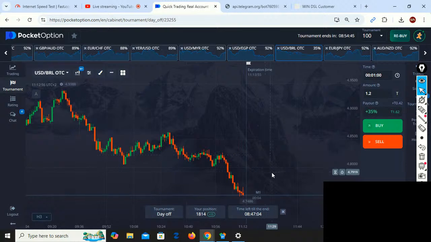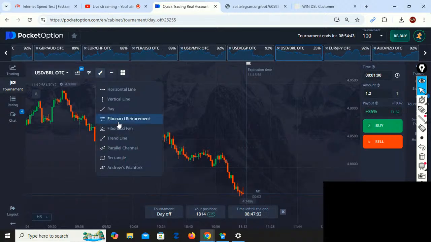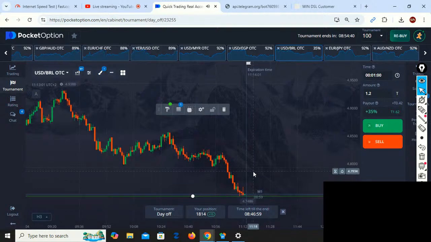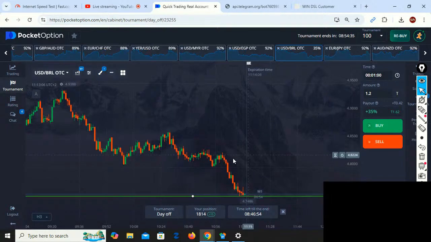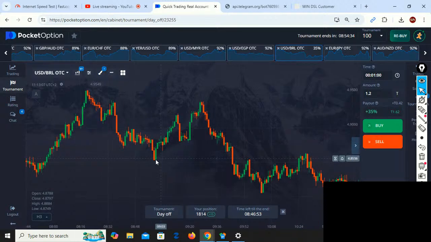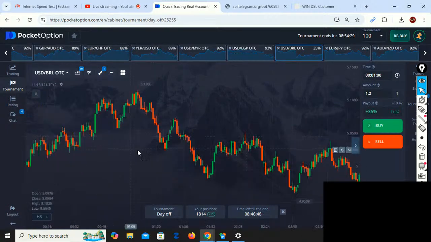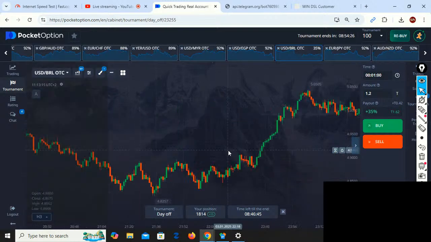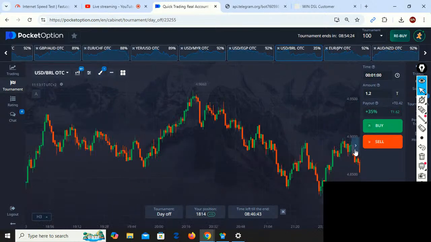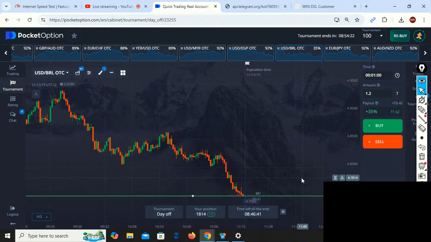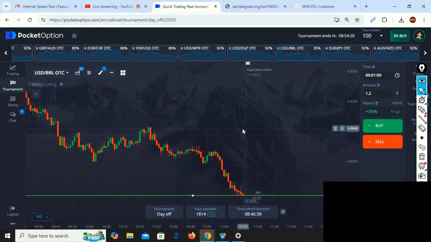This is something we can work with. Let me see if it has any kind of demand area or support level nearby. It doesn't. The strategy says if it has something nearby, it would be better.